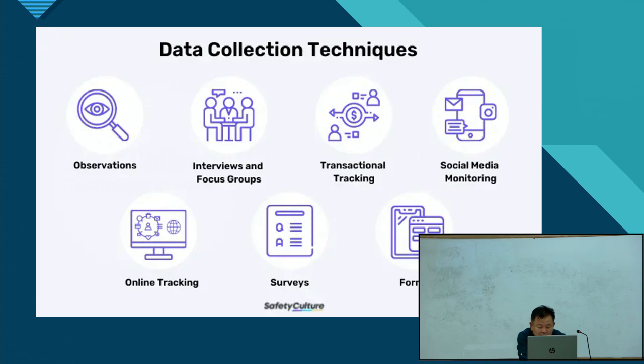This is AI. All things are related. So AI and big data and data mining or machine learning, everything is related to data collection techniques from transactional tracking. So now you don't need to worry about that.